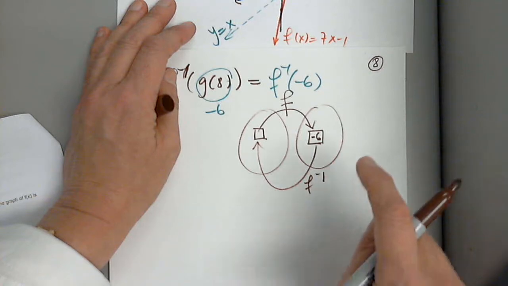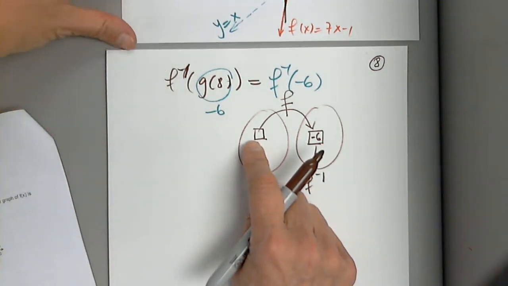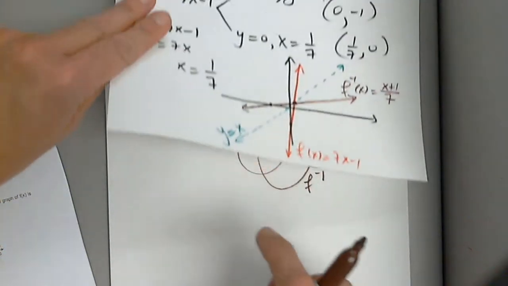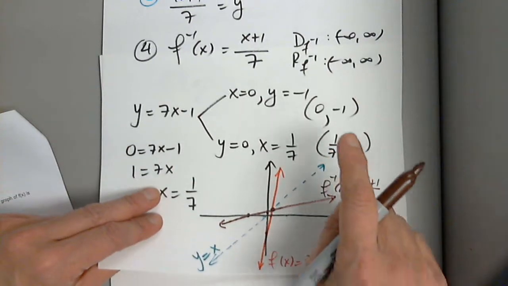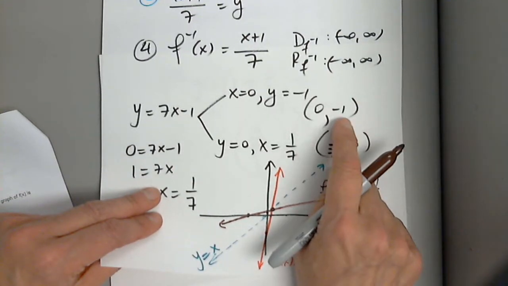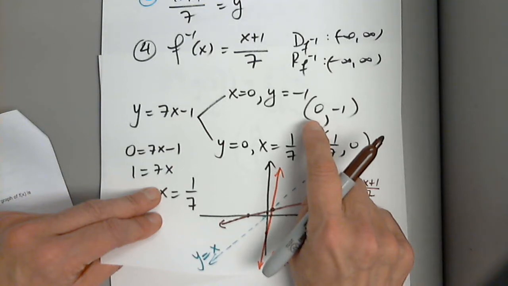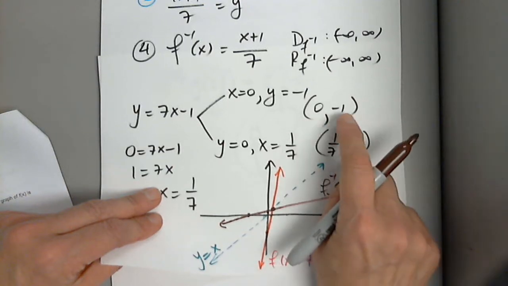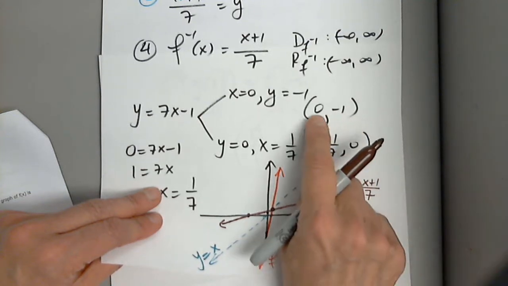The inverse function is applied to -6 and has to return the same thing. So that's exactly what we did here a minute ago. We said if the function goes from 0 to -1, when I apply the inverse function to -1, what do I have to get? So when I apply f inverse to -1, what do I have to get? I have to get 0, right?